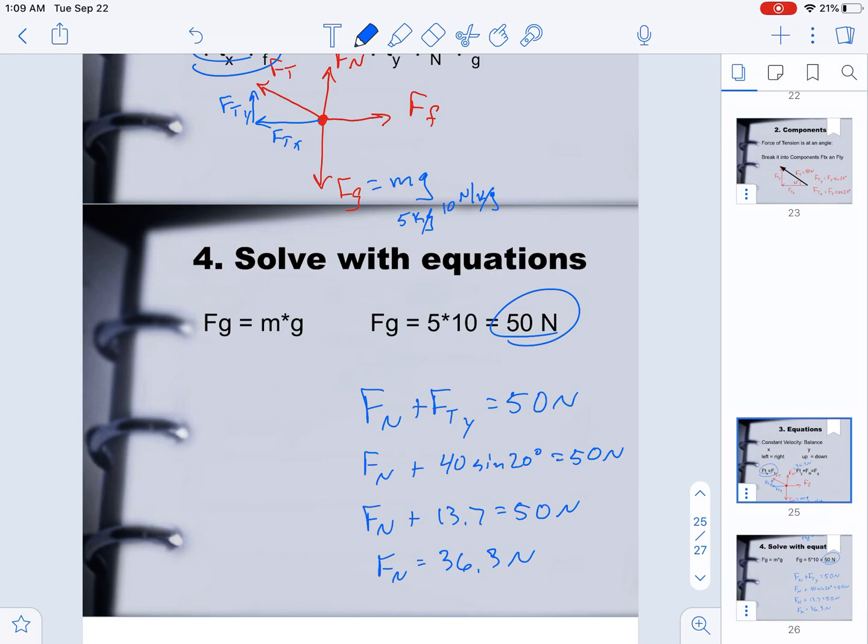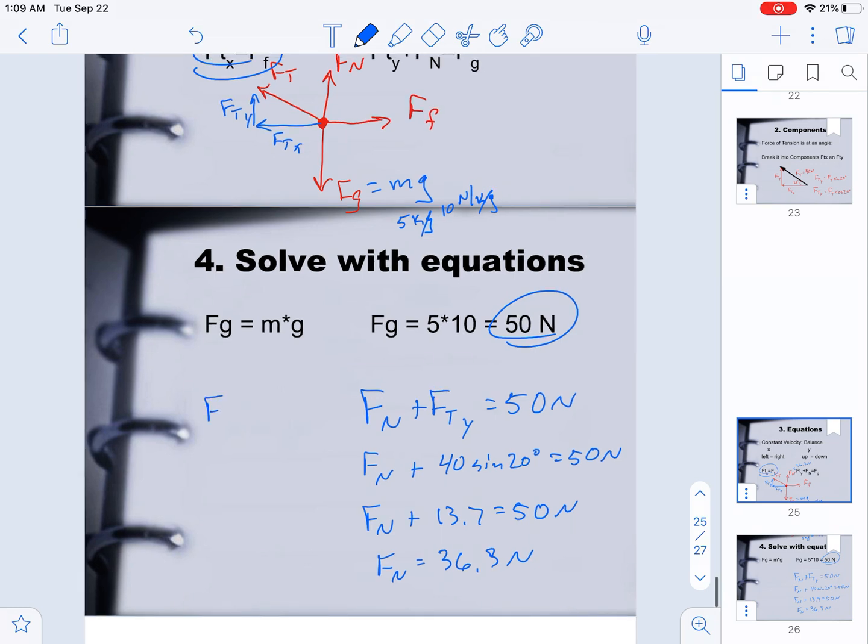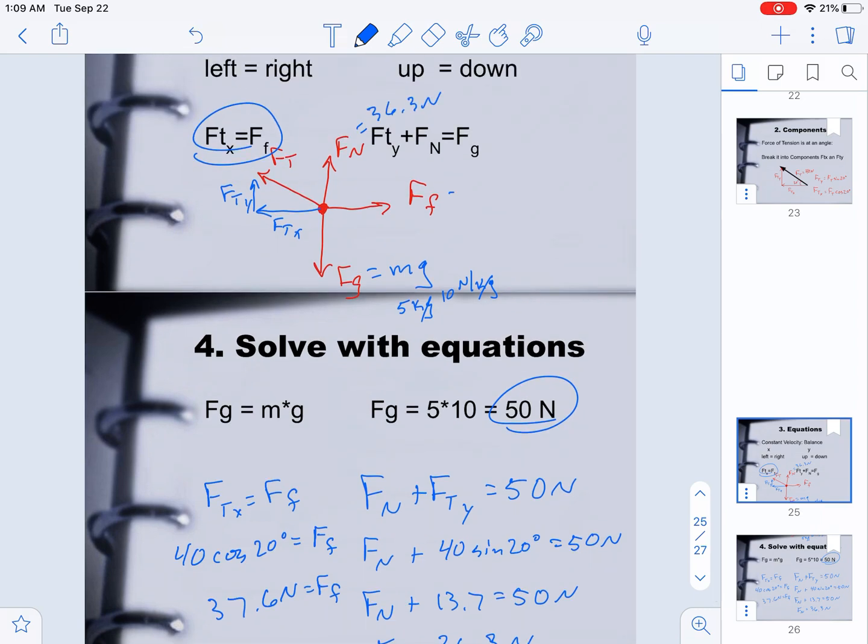And my Ftx is just going to be 40 times the cosine of 20 degrees. 40 times the cosine of 20 degrees is equal to my force of friction, and that number works out to be 37.6 newtons. And now I can go back in and plug that in. 37.6 newtons.